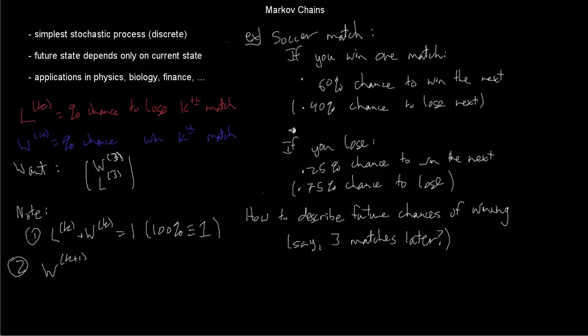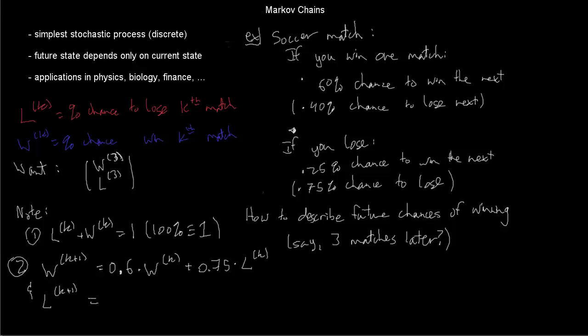The second thing that we need to notice is that the probability of winning the k plus first match will depend on the kth match. So if we won, then there's a 60% chance. And if we lost the kth match, and this is a misprint, it should say 0.25 there, then there's a 25% chance of winning. So we'll just multiply those in and add them up.